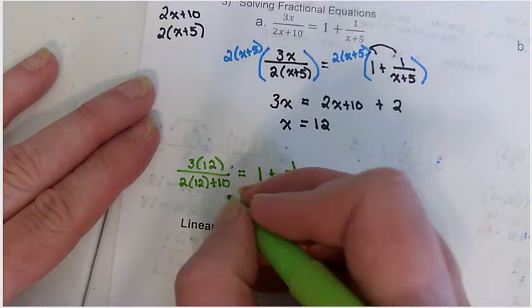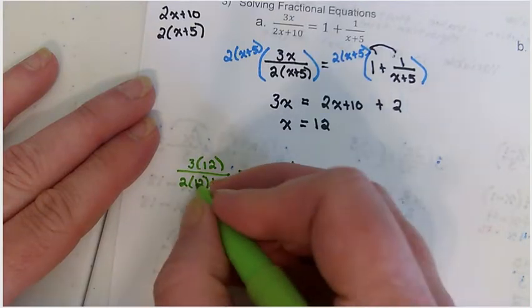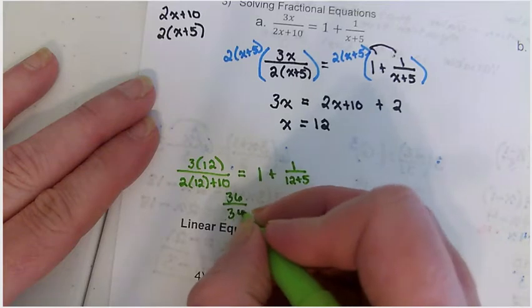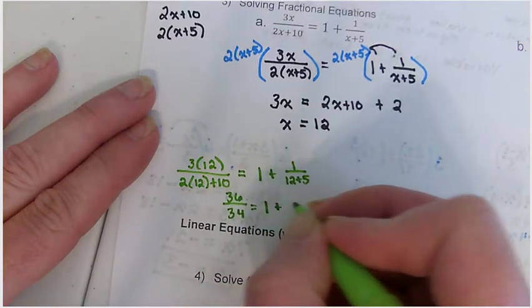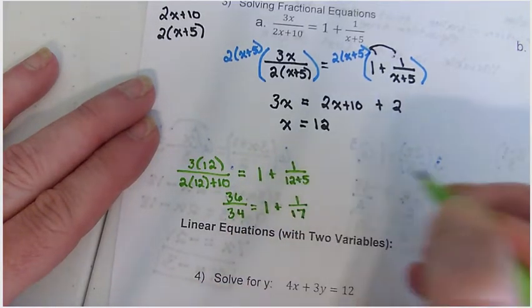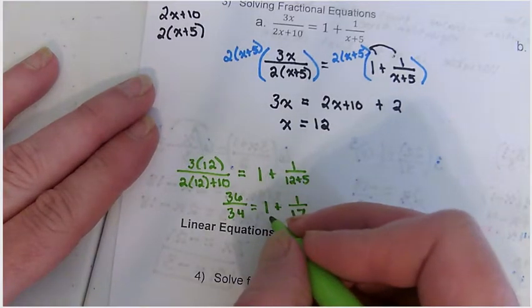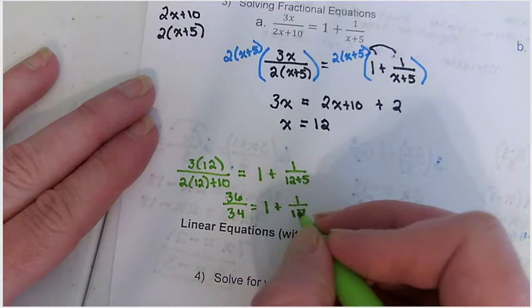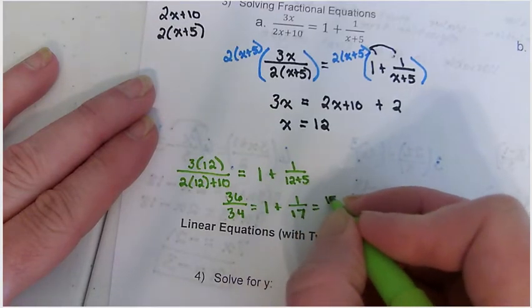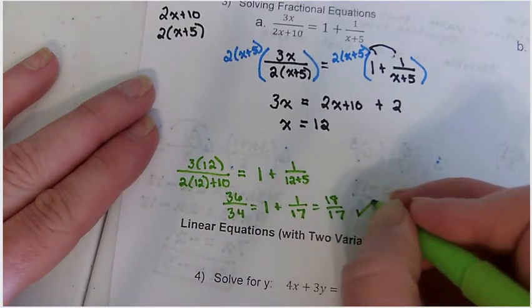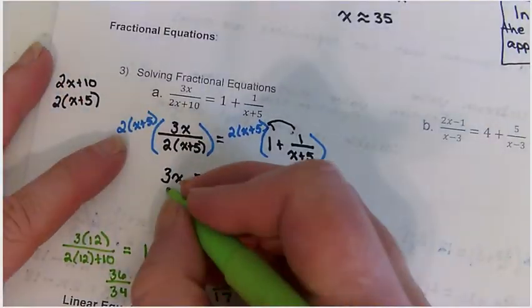That's going to be 36 over 24 plus 10 is 34, equals 1 plus 1 over 17. Well, will it? Let's see. This would be 17 over 17 plus 1 over 17. That's 18 over 17. And those are equivalent. So this is my answer.